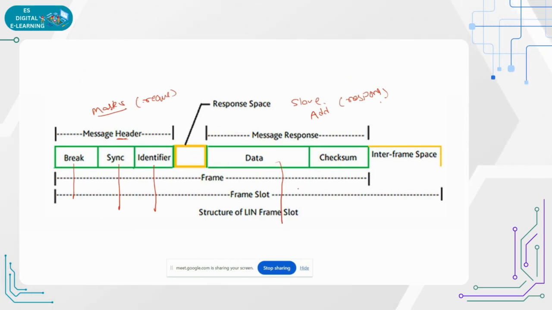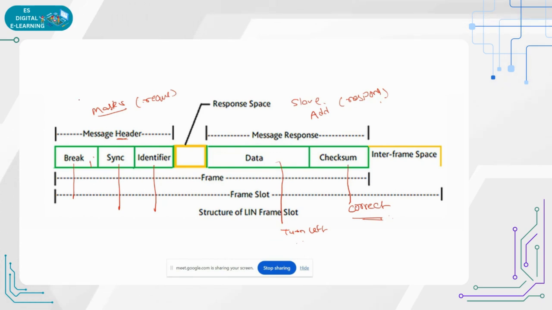So the data, what exactly the messages that we are sending, like we saw turn left, turn right, will be there, right? So we need to send the data, and whether the data we are sending is correct or not will be checked in the checksum. Okay, so we need to understand the fields of this complete frame.